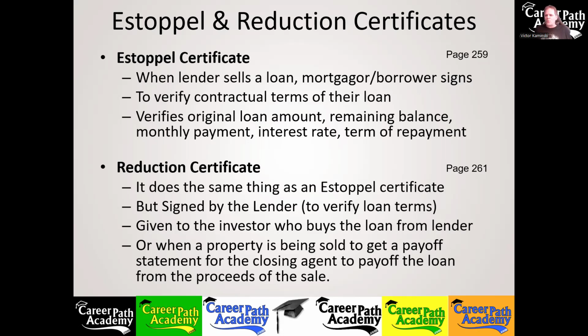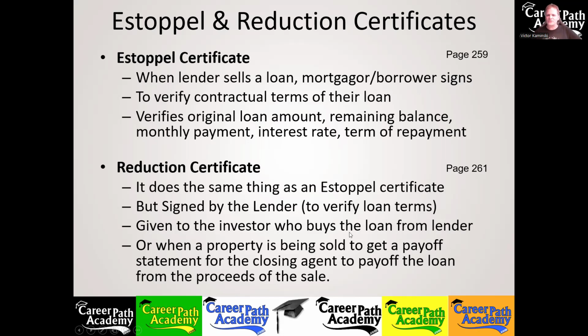They're also going to want the same from the lender who's selling them the loan. However, the document that the lender signs verifying the same stuff is not called an estoppel certificate. It's called a reduction certificate. But it does the same thing, signed by the lender to verify all of those loan terms.